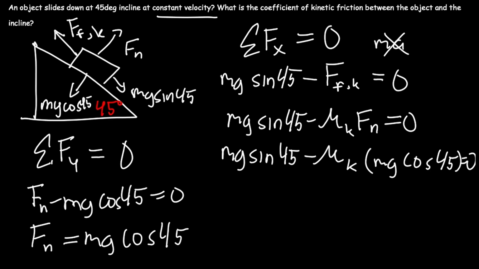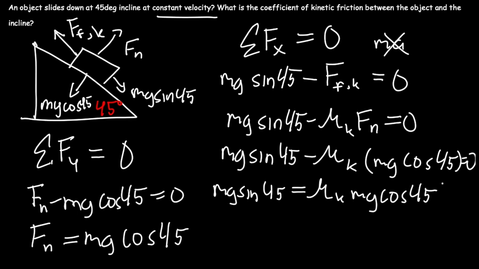So, ang missing component natin is etong si mu. So, we can isolate mu by additive inverse. So, we have mg sine 45 is equal to mu sub k times mg cos 45.